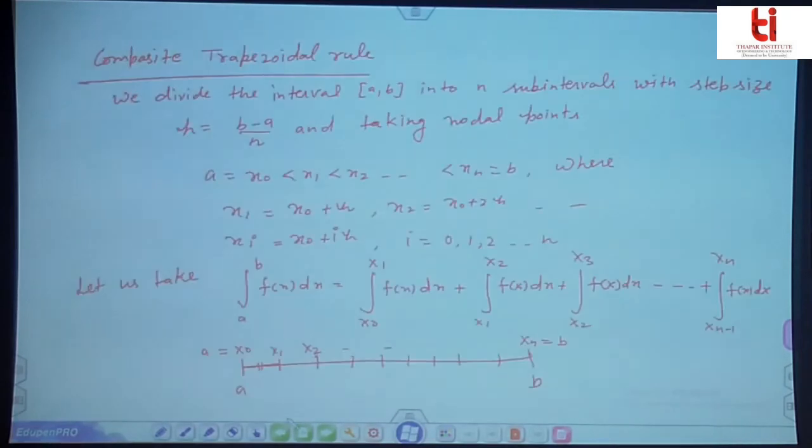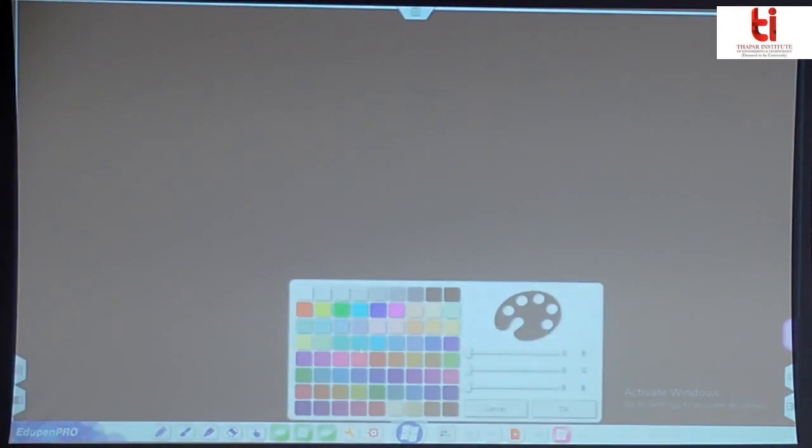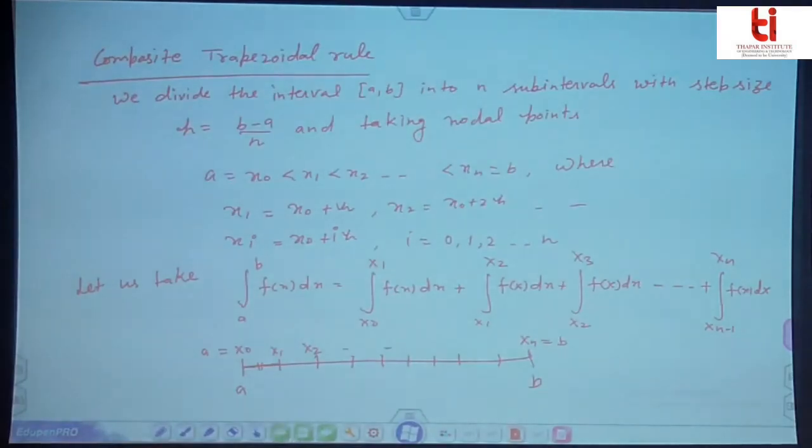Now apply the trapezoidal rule for each subinterval. So what are we getting?